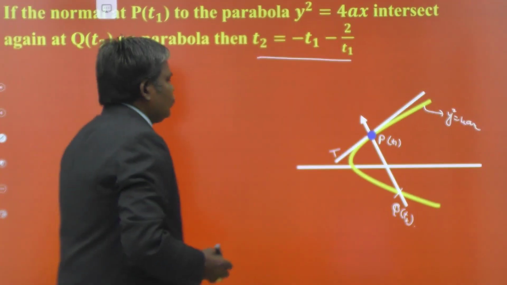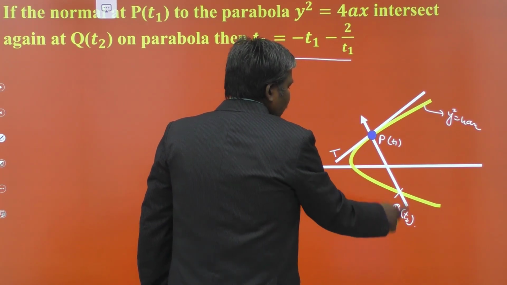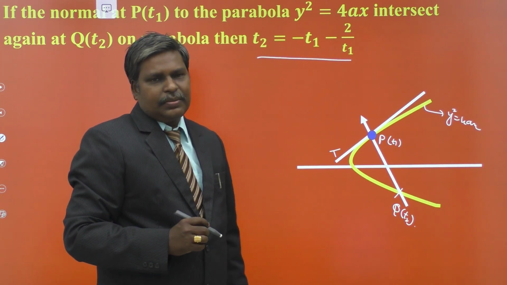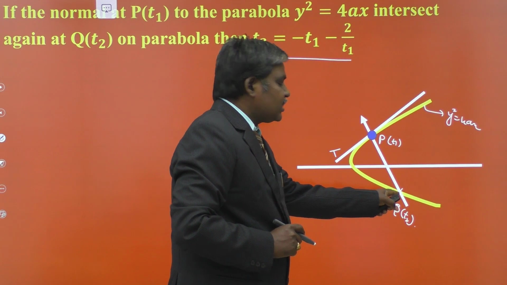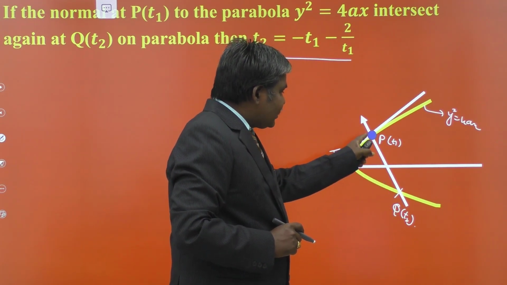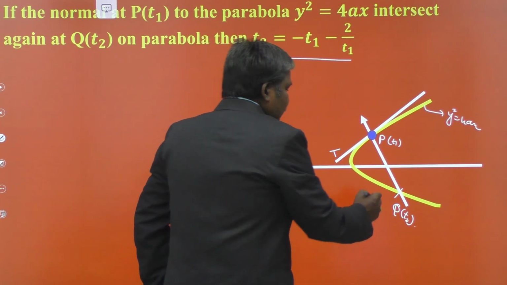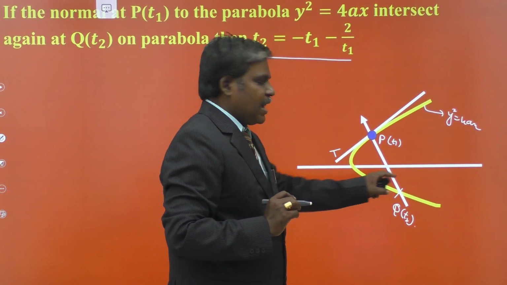So simply you write the equation of the normal at P(t1) and substitute the point Q(t2) in that normal equation itself. We obtain the condition. The normal is drawn at this point, not at that point. The normal at this point meets the curve again at that point. If you draw the tangent here, it is not perpendicular to this line.